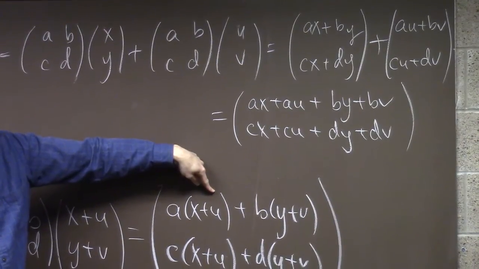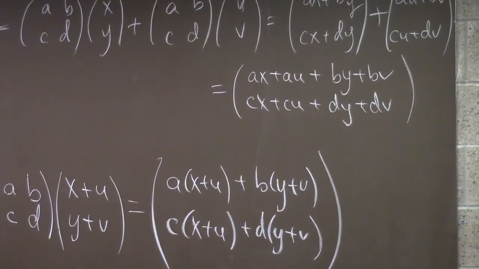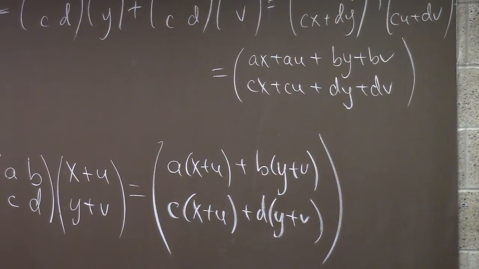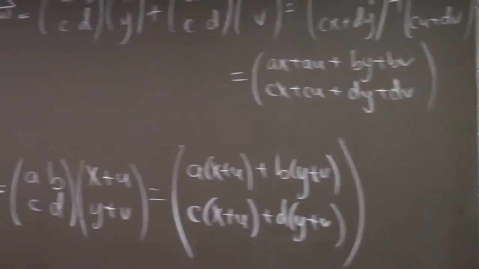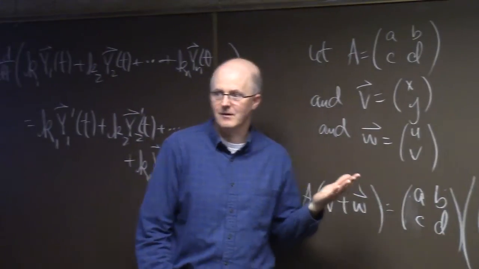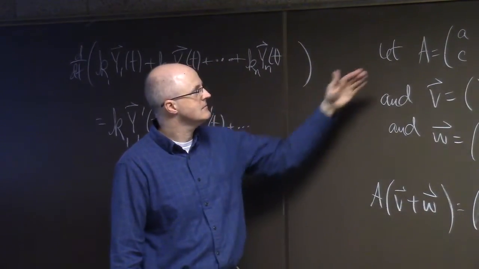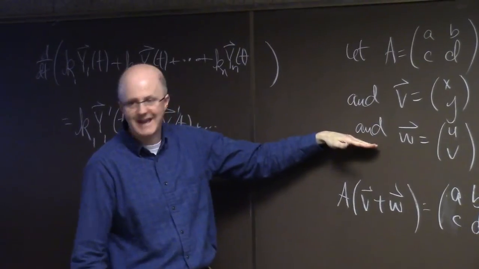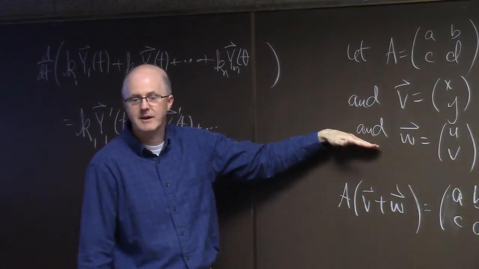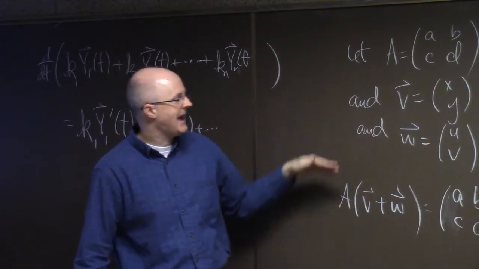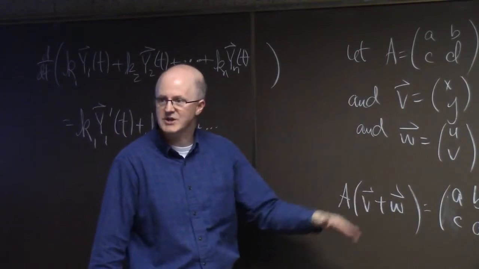Okay. Technically, I haven't written this as a proof because I haven't written sentences. Really, you should write sentences in proofs. Proofs are arguments. But this is the idea. Okay? Let capital A equal something, capital V equal something, capital W equal something, abstract, arbitrary, 2x2 case though. And you would want to put this kind of equation in a sentence structure.